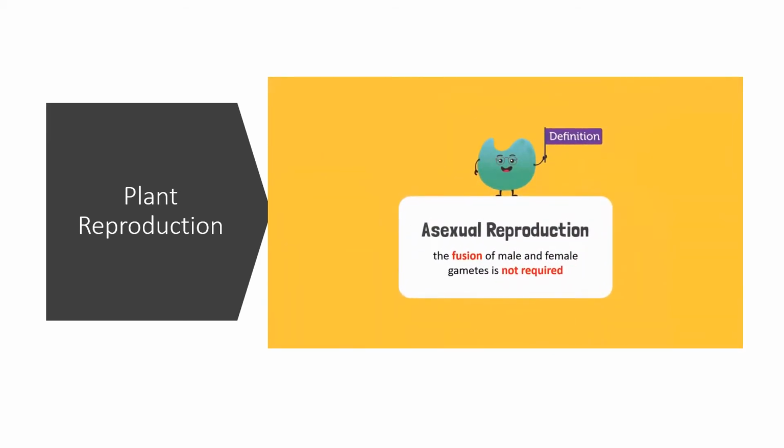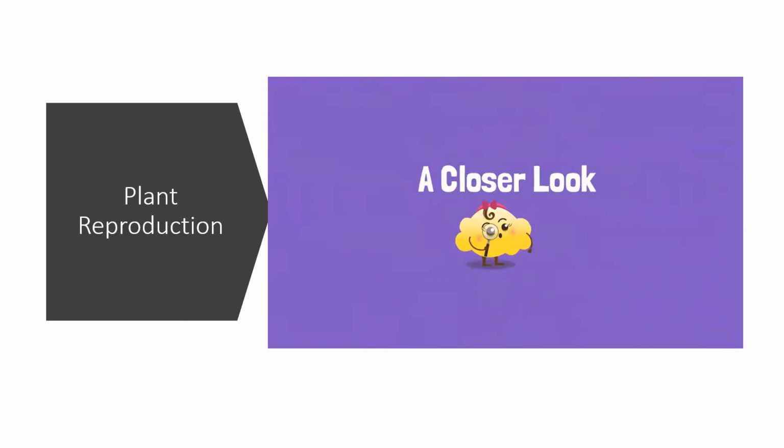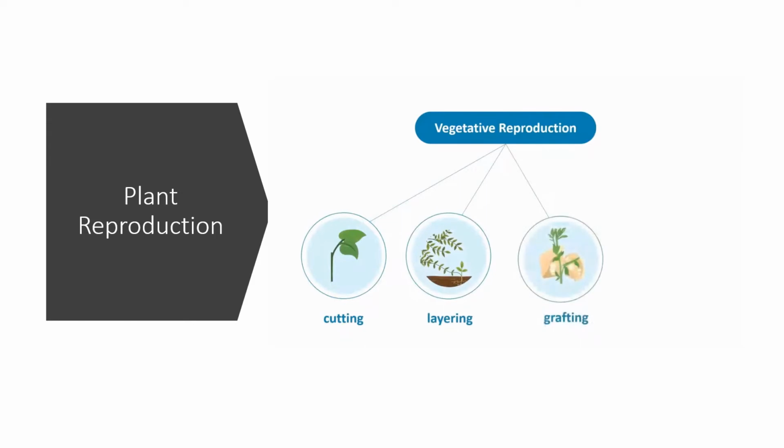In asexual reproduction, the fusion of male and female gametes is not required. Let's see how asexual reproduction takes place. There are different methods of vegetative reproduction: cutting, layering, grafting, and budding. Let's have a look at each method in detail.